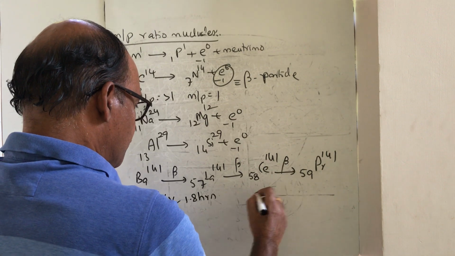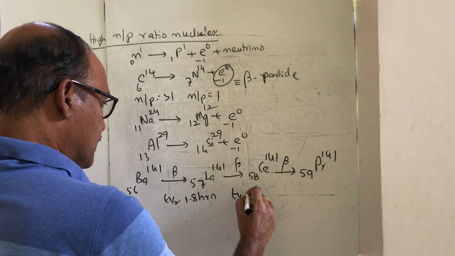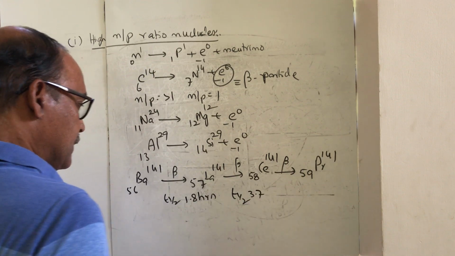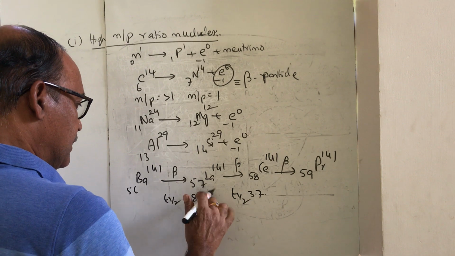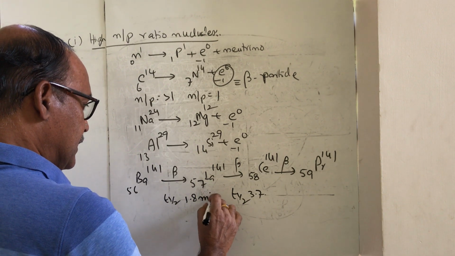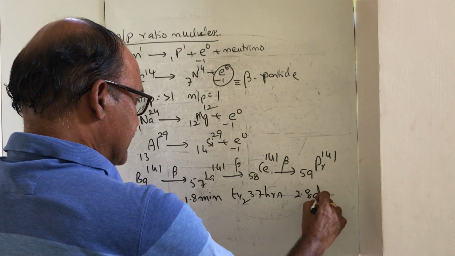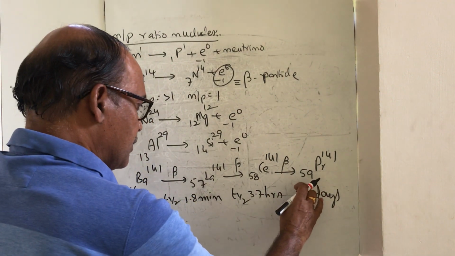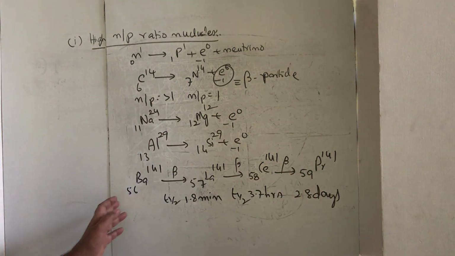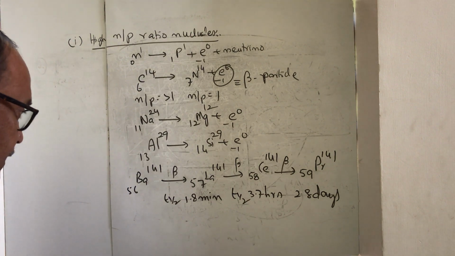This half-life period is 3.7 minutes, this is 1.8 hours, and this is 2.8 days, then 28 days. So that is how stability is gained by the successive emission of beta particles.